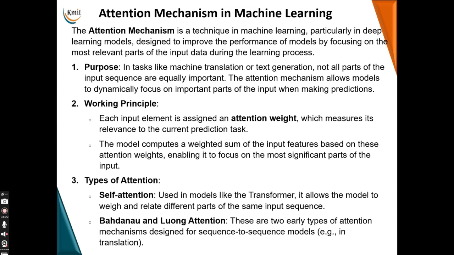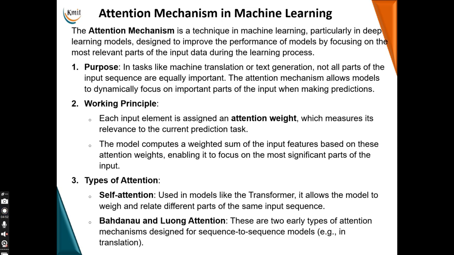So how many types of attention mechanisms are listed here? There are basically two types of attention mechanisms: self-attention mechanism and Bahdanau and Luong attention mechanism. Under self-attention mechanism, this is specifically used in transformers, which will try to model the weights.